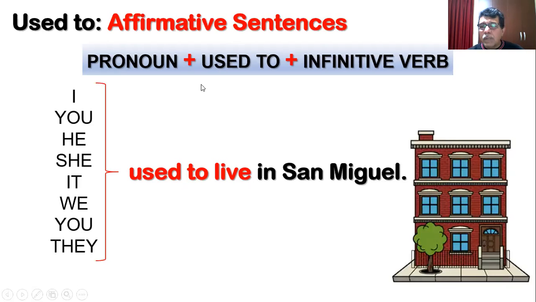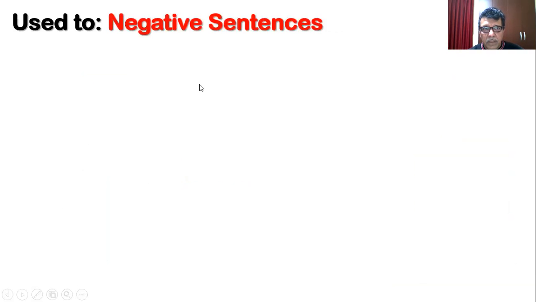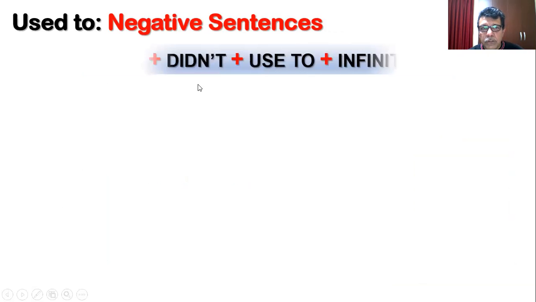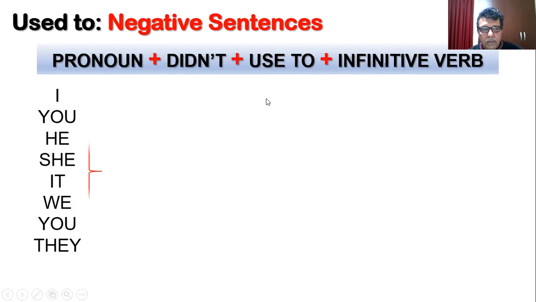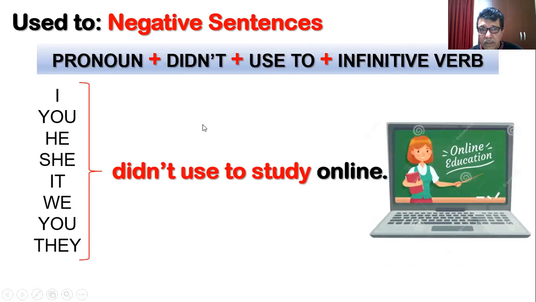Okay? But what about negative form? In the negative, we're going to use the pronoun plus didn't plus used to, and look at here, use with no D, okay? This is the base form, used to plus a verb in infinitive, okay? The pronouns here, the auxiliary didn't, negative, use to, no D, and infinitive verb, in this case, study.